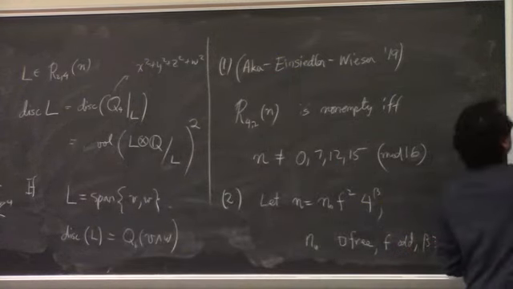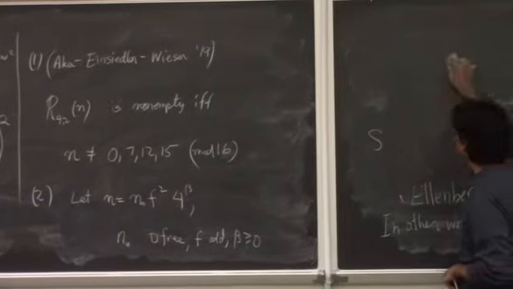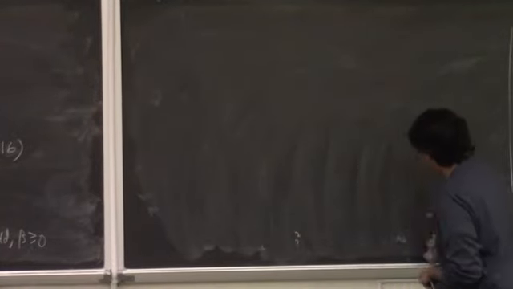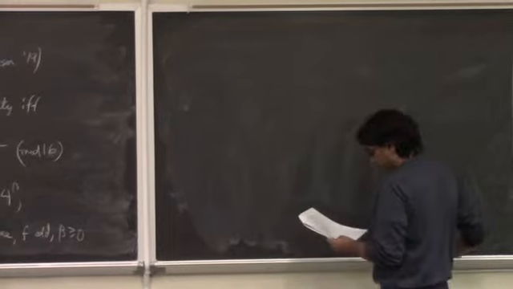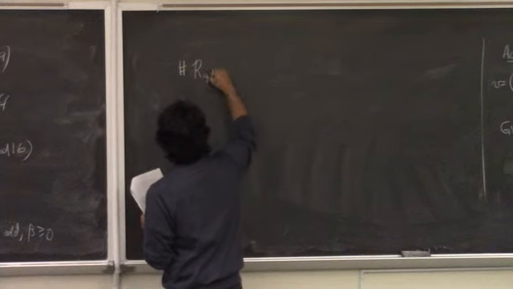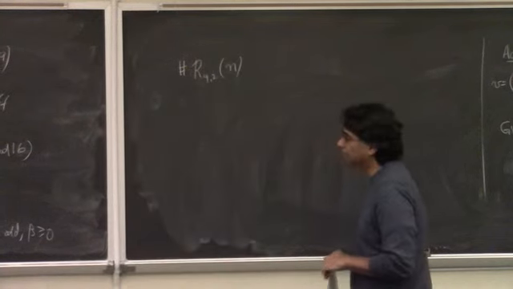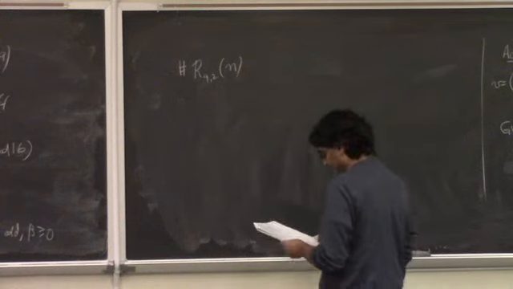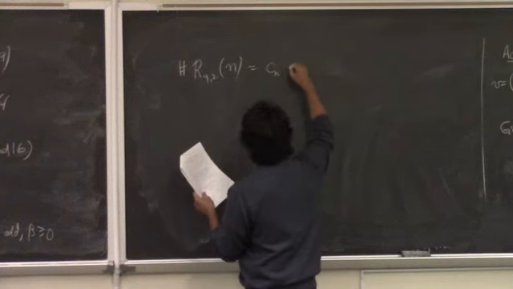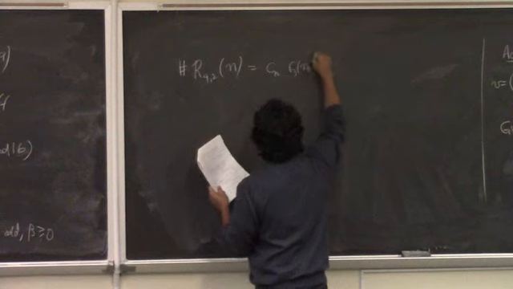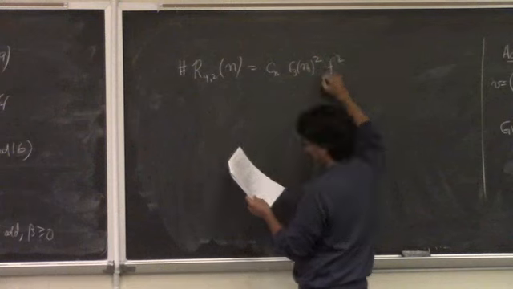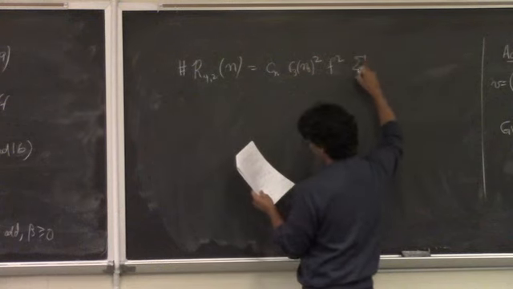Then the number of planes of discriminant n is equal to some constant times R3 of n0 squared. So a class number squared, this quantity f squared, and then times some divisor sum.